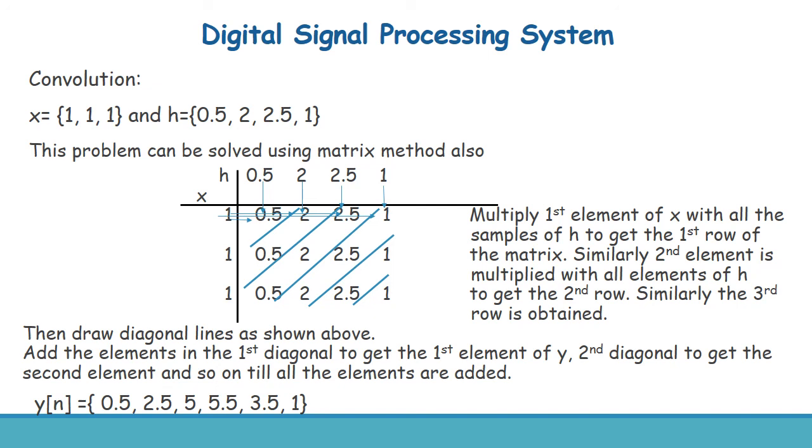When you have infinite length sequences, that's when you go for the Z transform. We'll do that a little later, but for now I guess you know how to find out convolution using the graphical method and matrix method.